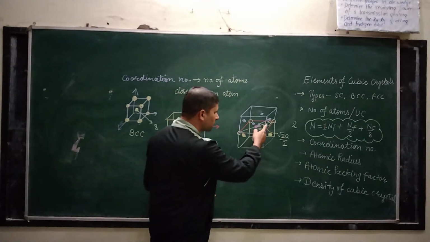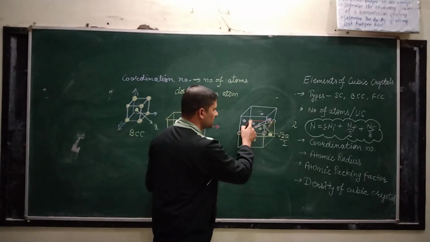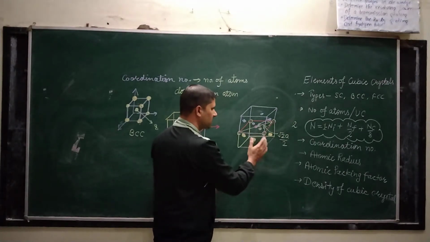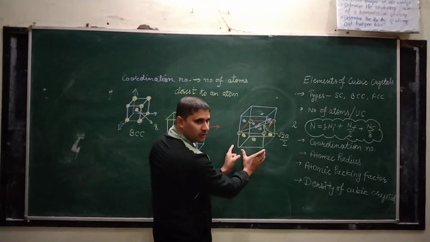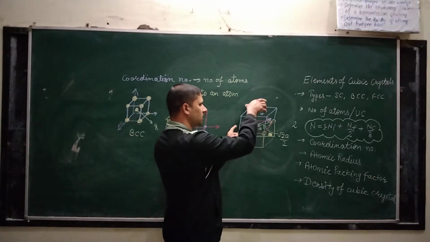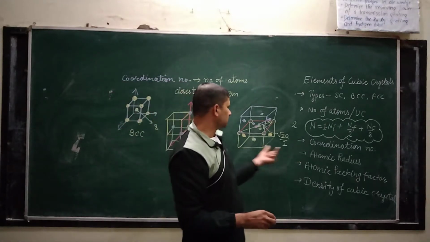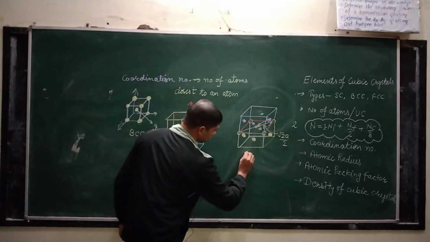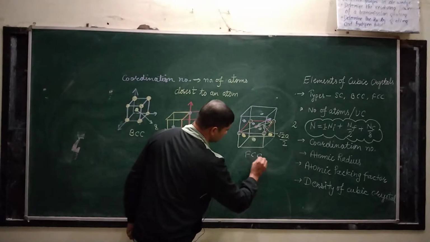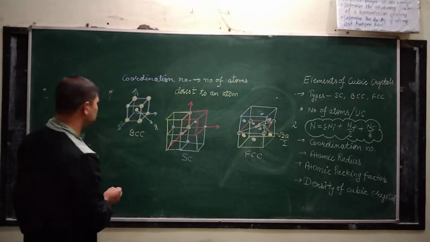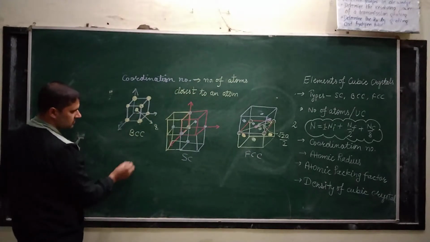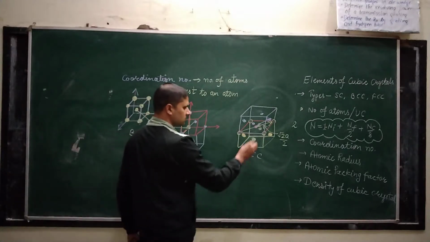Okay, so 4 particles are present in its own plane, and 4 particles are present below it, and 4 particles are above it. So in case of face centered cubic, the coordination number Cn is equal to 12.